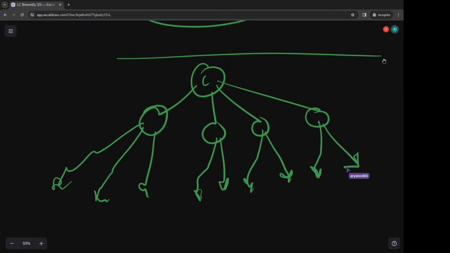The first thing to notice over here is that if you pick any two nodes which are below the same child, for example this one, then this path and this path will contain this as a common edge.